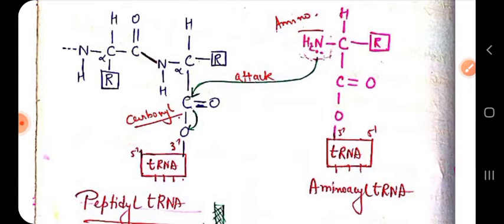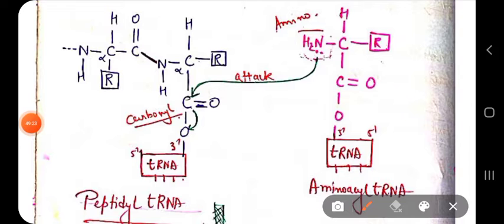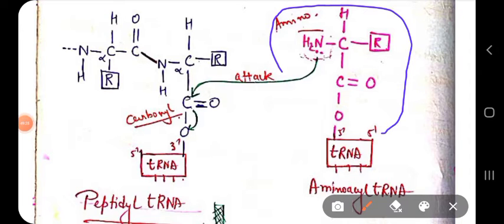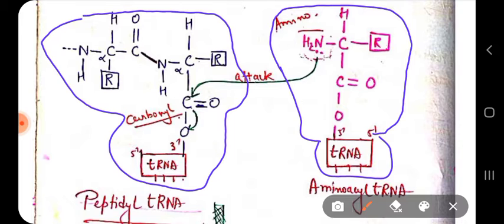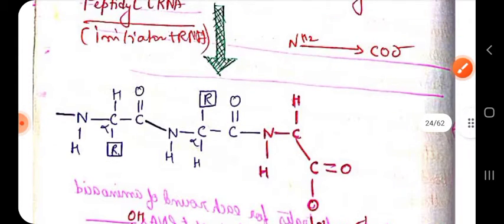by the ribosome. So you can see an incoming amino acid carried by the tRNA molecule, and this is the peptidyl tRNA which was already attached to the ribosome. Here the amino group attacks the carbonyl group of the peptidyl tRNA, which leads to the formation of a peptide bond.